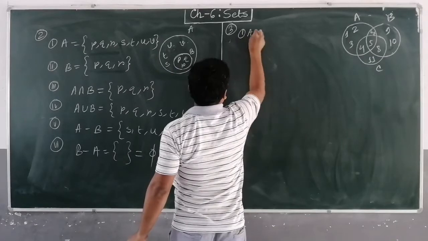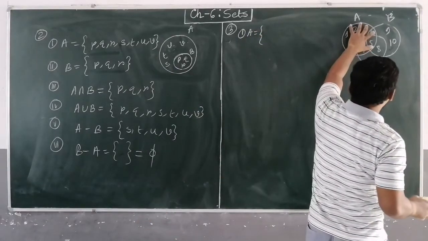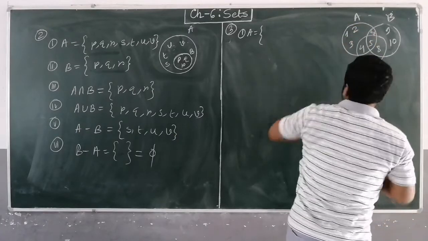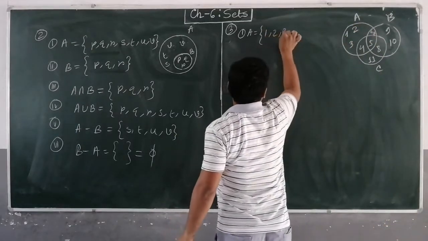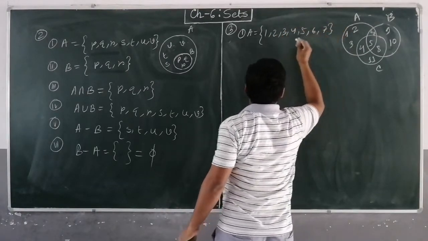First part, set A. Inside the circle A, the elements that are part of set A are 1, 2, 3, 4, 5, 6, 7.